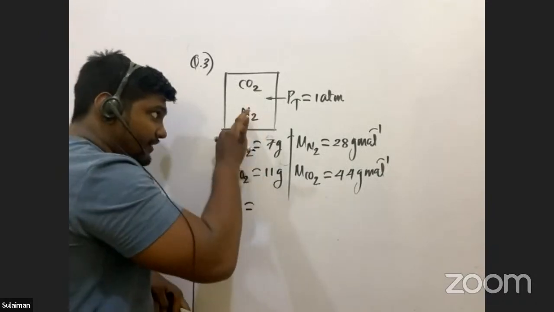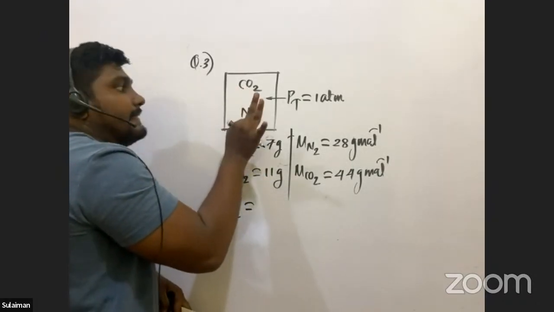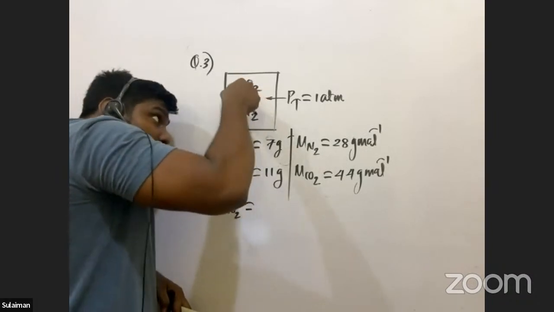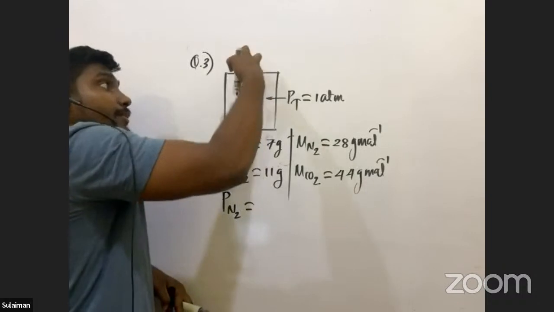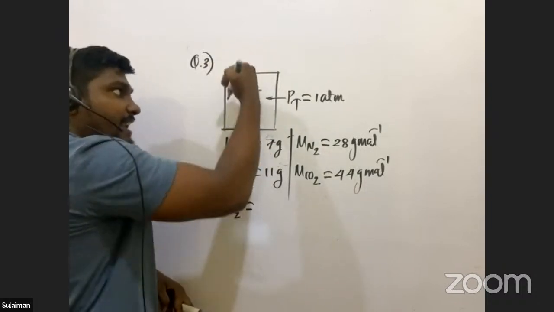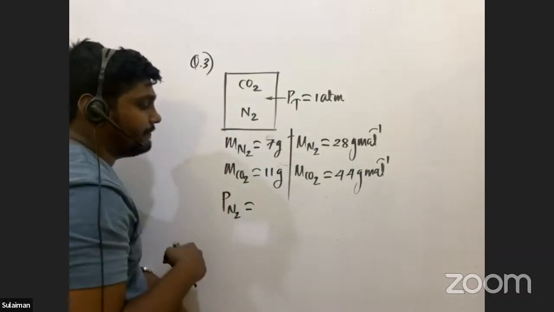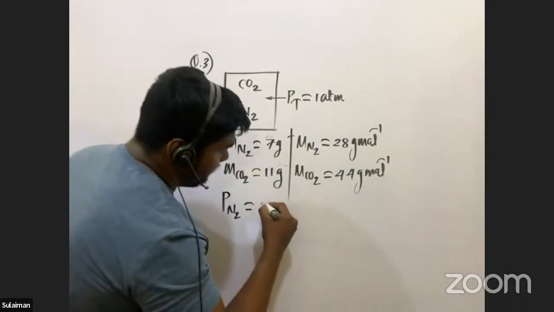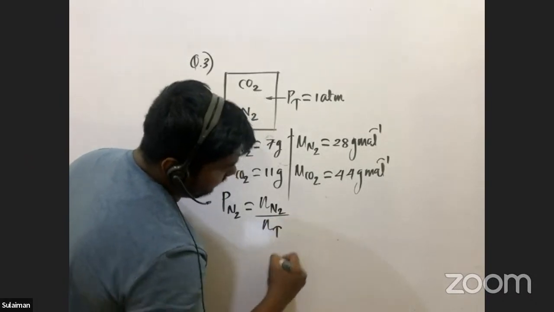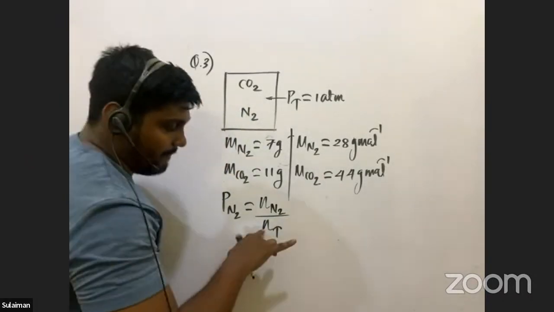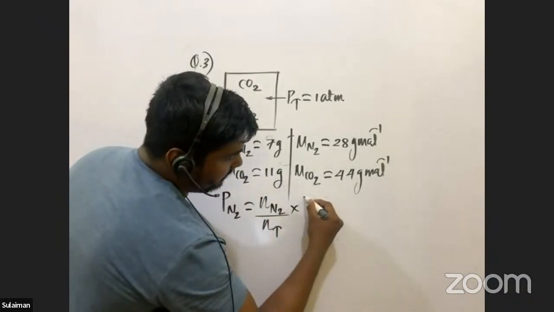What you want to do is consider the number of moles of nitrogen gas over the total number of moles of both nitrogen as well as carbon dioxide, into total pressure P capital T, right? That means simple n nitrogen over simple n total, that means nitrogen moles as well as carbon dioxide moles, into total pressure PT.